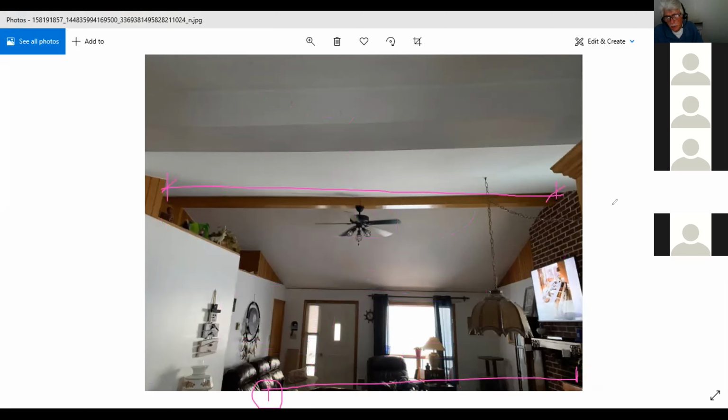If you can measure where the columns are, for example, if this happens to be 20 feet, and this column happens to fall at 15 feet, well, we know that we have nothing here because the beam's carrying everything. You follow? So as long as we're not going to modify anything in here, it's not a problem.